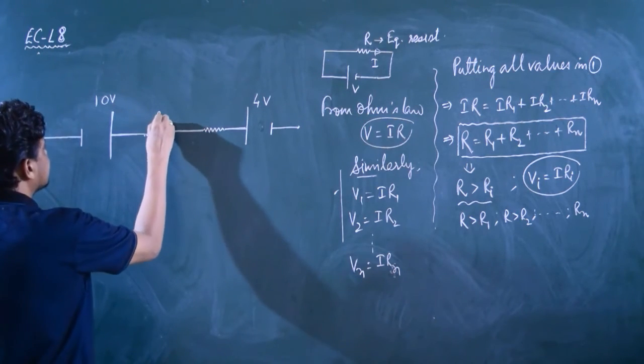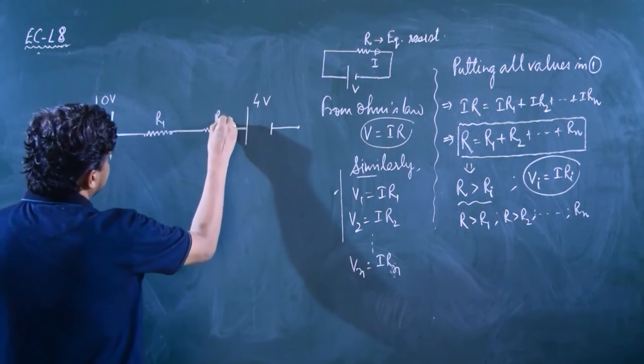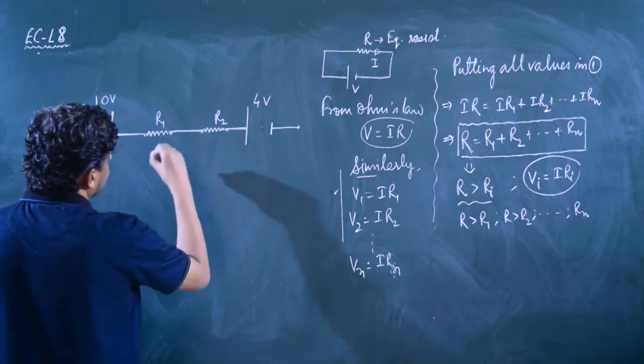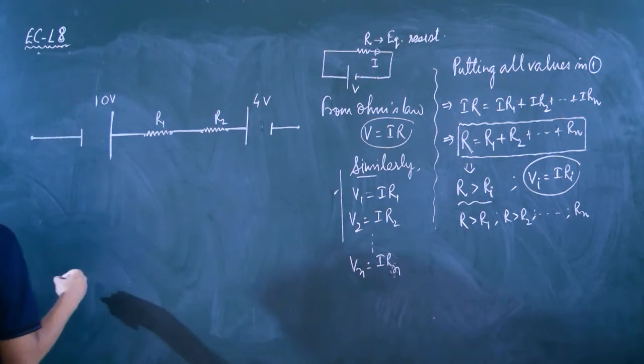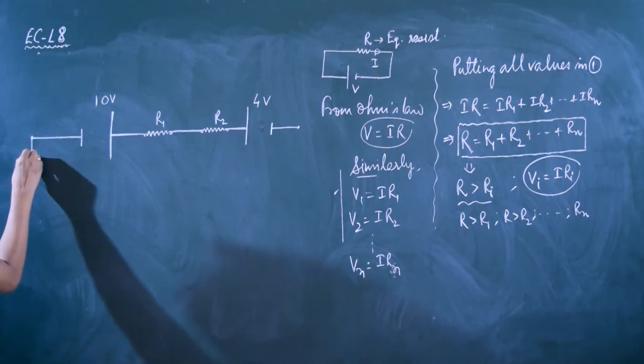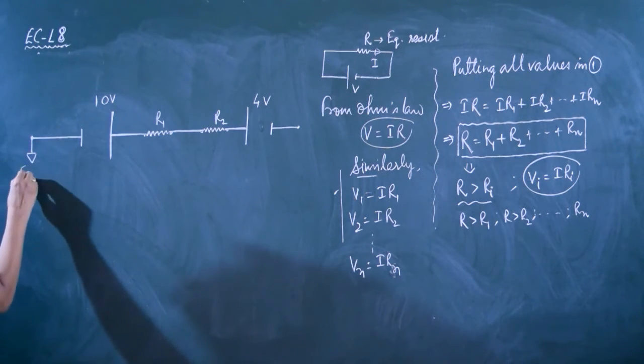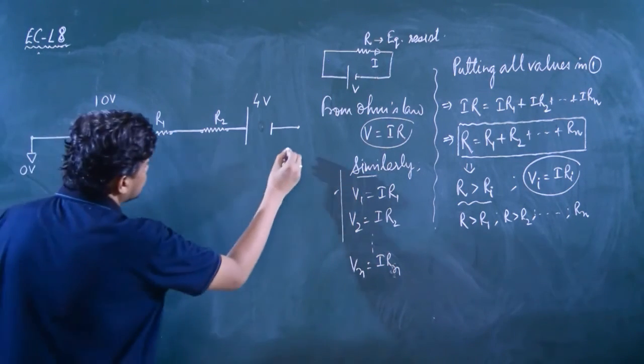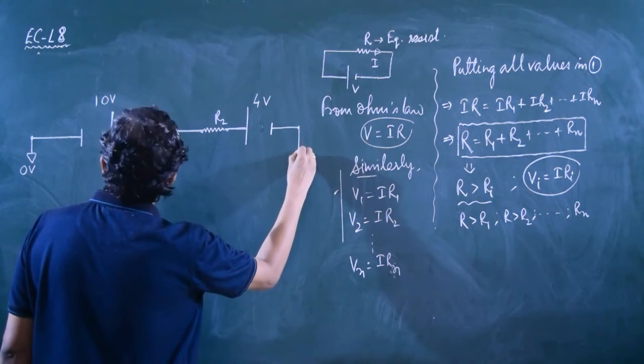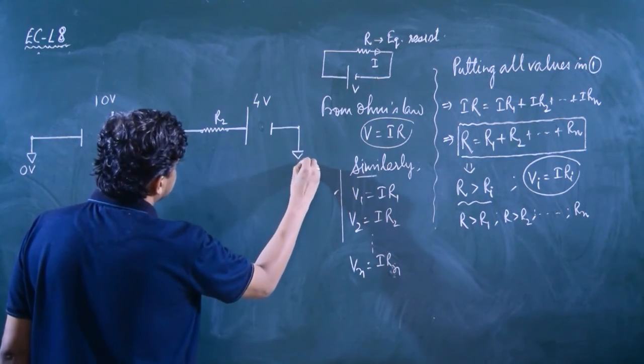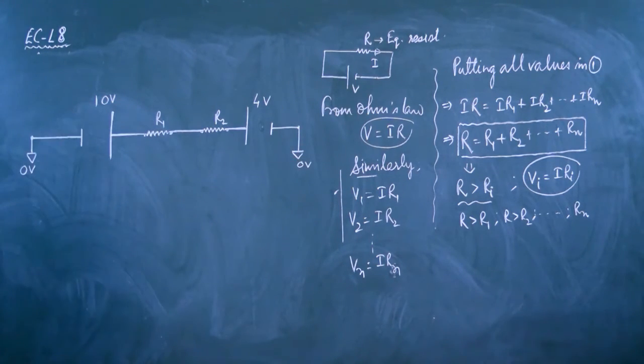This one is one resistance, it is R1, and this one is the other resistance, that is R2, and both the sides are connected with ground. The grounded potential is 0. Okay. Now we have to draw the potential-position graph for this circuit.